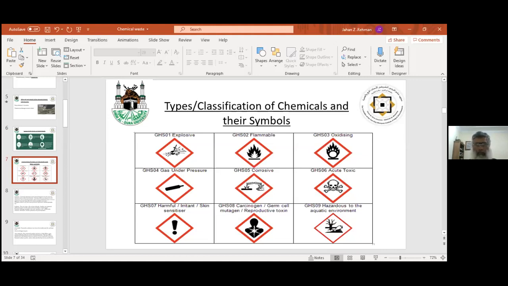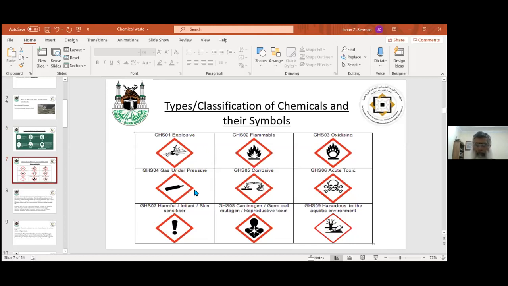Oxidizing agents are not flammables, and not explosives, but are intermediate between them. They support flammables. For example, air is an oxidizing agent for the flame, because if there is no air, then the flame will go down or turn off.